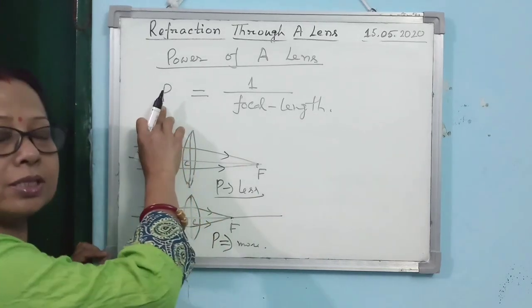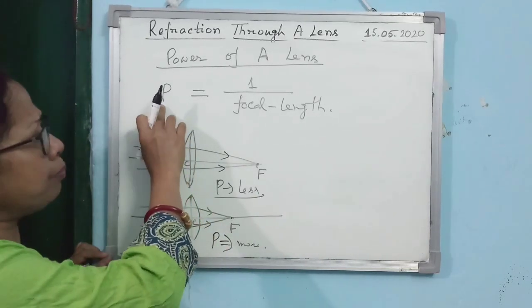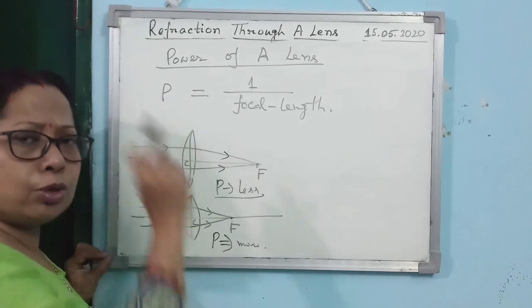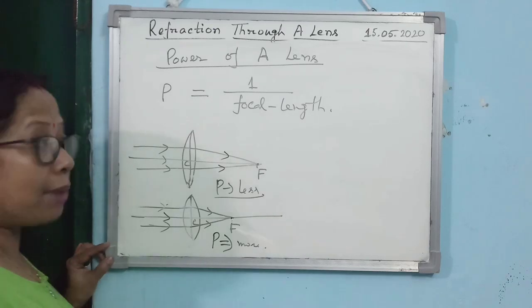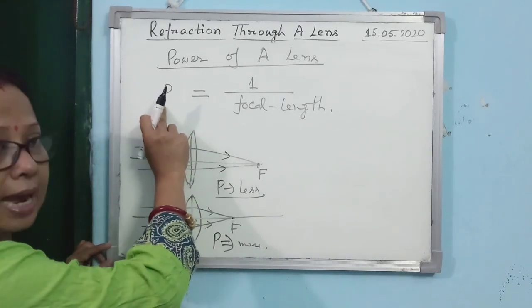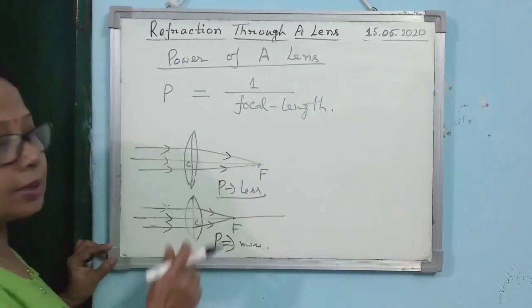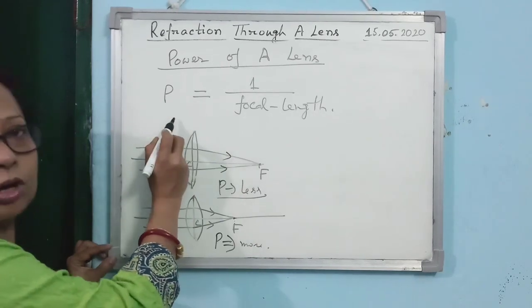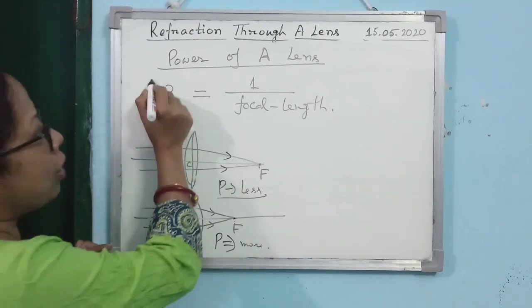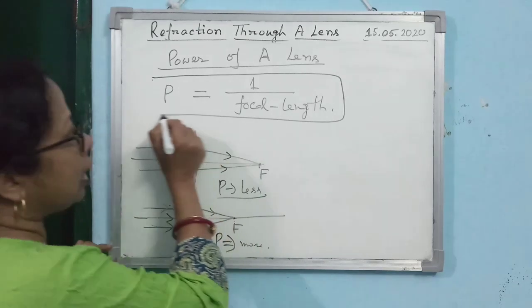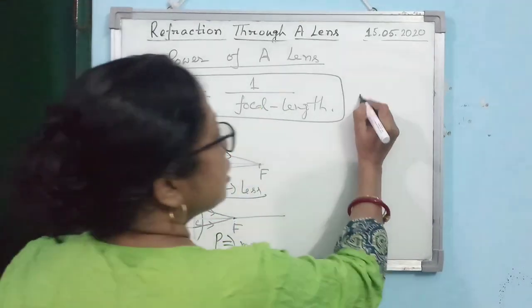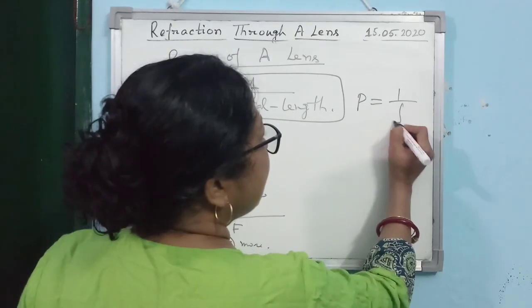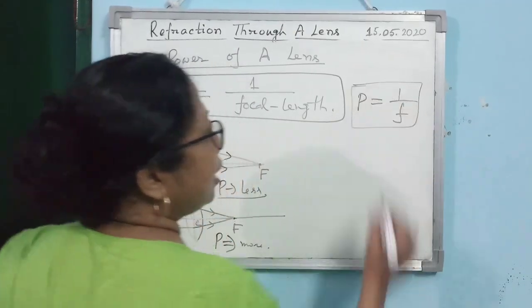Power of a lens is denoted by P. Be careful. P is used for power, mechanical power in the work energy power chapter. But here P stands for power of a lens. So how we measure power of a lens? We measure power of a lens by this formula. Power is equal to 1 upon focal length. So this is the formula we use to measure power.